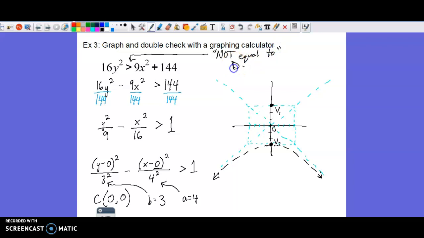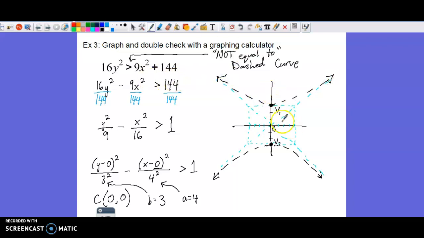So that's our dashed or dotted curve. And in this case, it's a hyperbola because of the minus, as I mentioned earlier. So right here, dash going this way. And notice that it's not in the shape of a parabola. It's not quite that U shape.